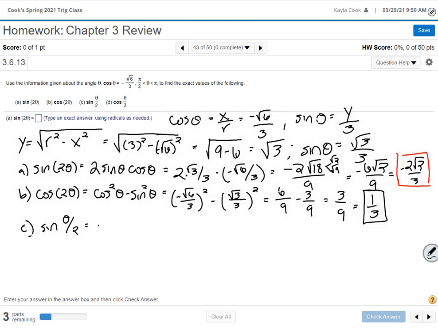Okay, so I believe that this was the square root of 1 minus cosine theta over 2. All right, and then cosine theta was minus root 6 over 3. Okay, simplify this a little more. The two negatives here make a positive.